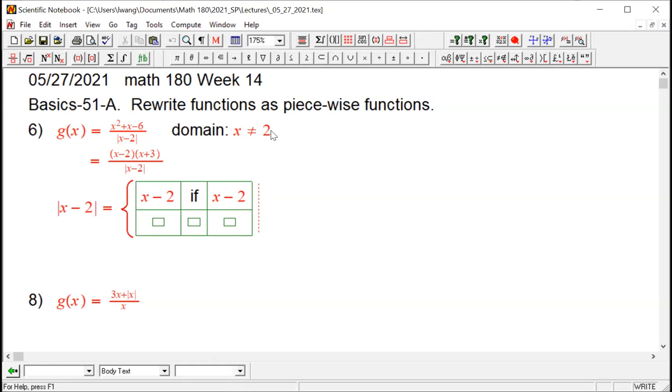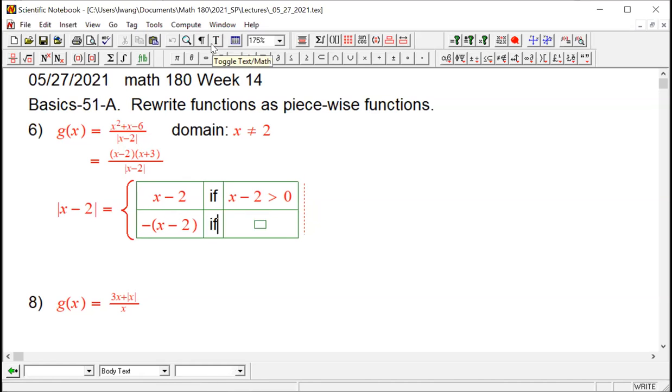Because x cannot equal 2, you just put directly greater than. And the negative of x minus 2 if x minus 2 is less than 0. When we set this up, we considered the fact that x cannot equal 2 already.